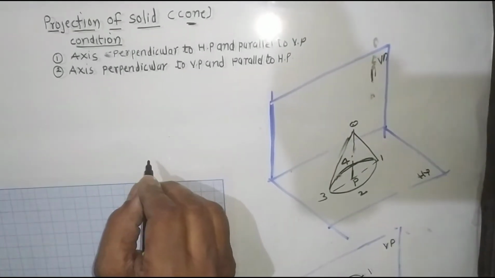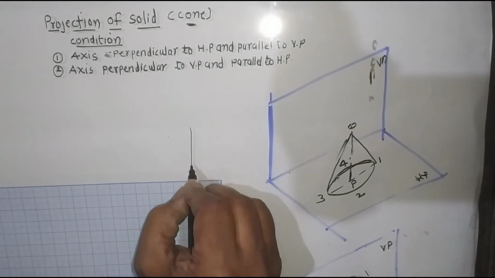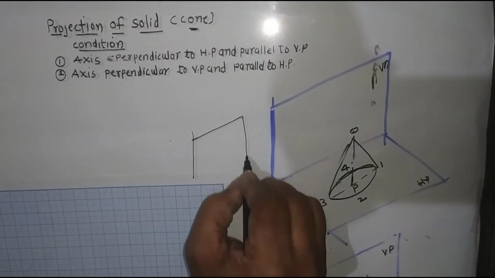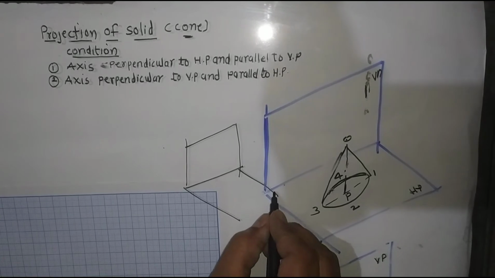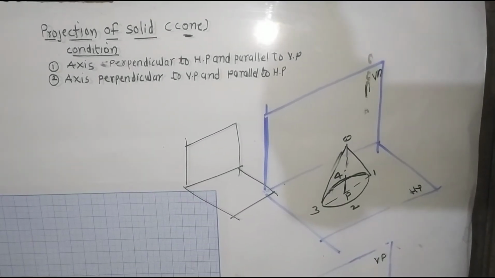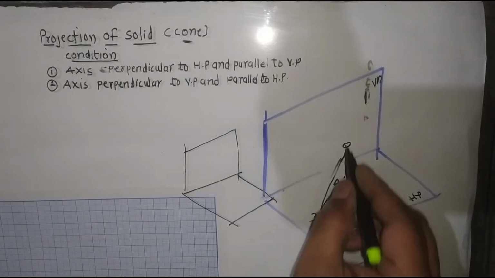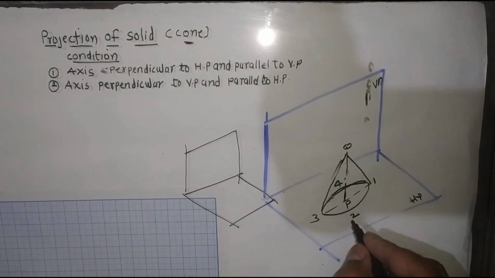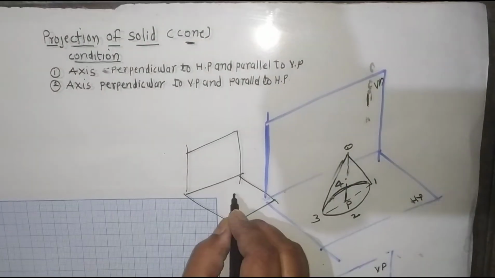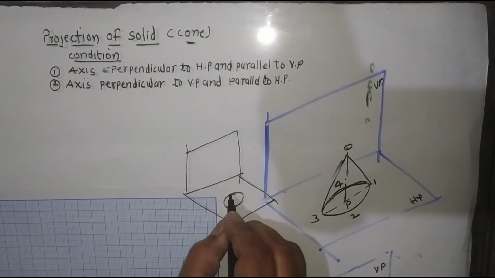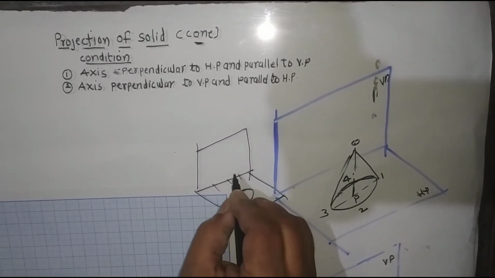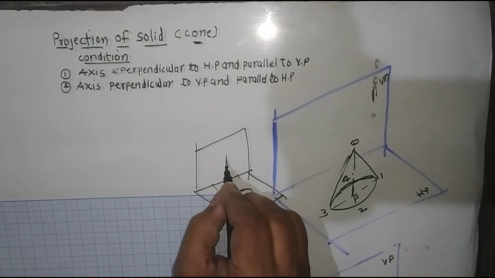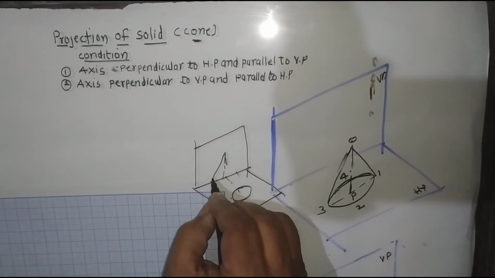If I draw the three-dimensional view here on the HP and VP, since it is perpendicular to HP, the circle is observed in the top view, and in the front view we will observe the triangle.